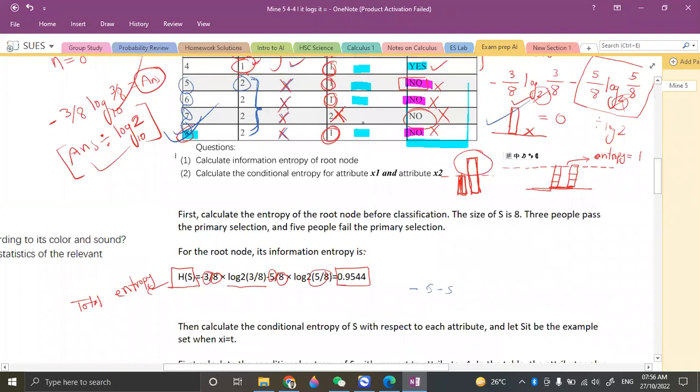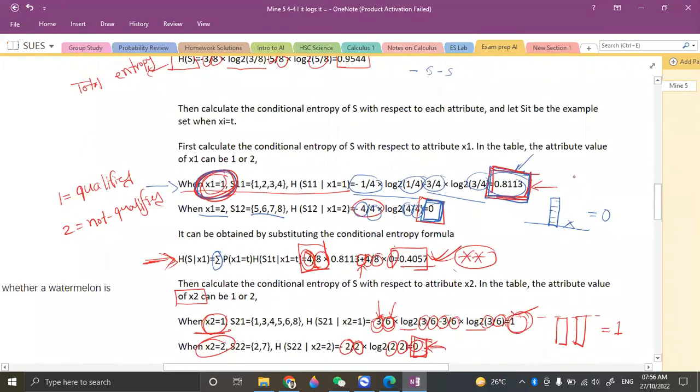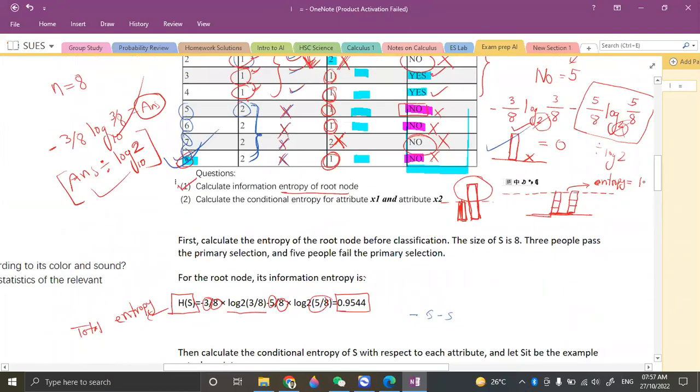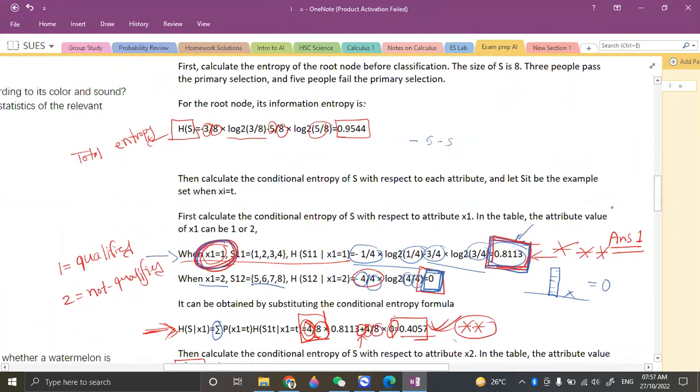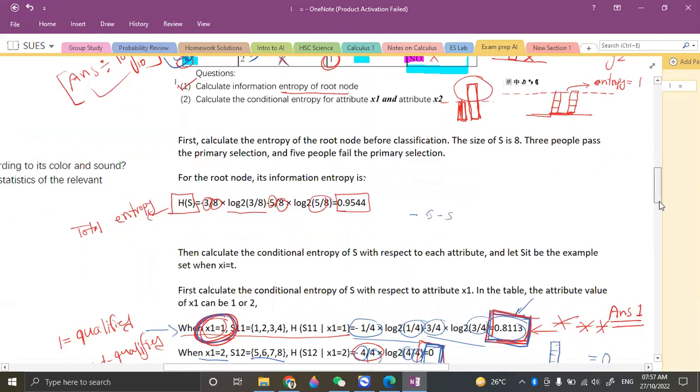So we have already calculated the information entropy of the root node. So the answer is here. This is the answer for the first question. And now for the total entropy, I think, yeah. So this is the root node. This is the total entropy, and this is the first answer.